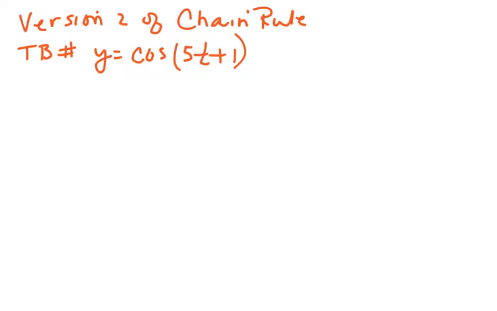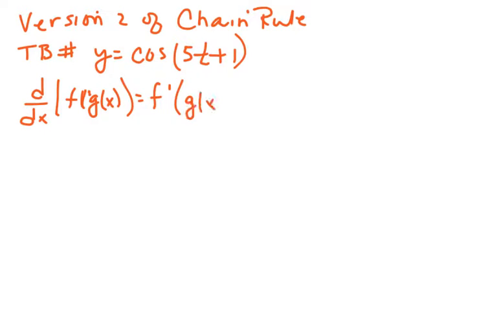So I'd like to take a minute and talk about the second version of the chain rule, which is often what we see in practice. If I wanted to take the derivative of a composite function, you would take the derivative of the outer function, holding the inner constant, times the derivative of the inner function.